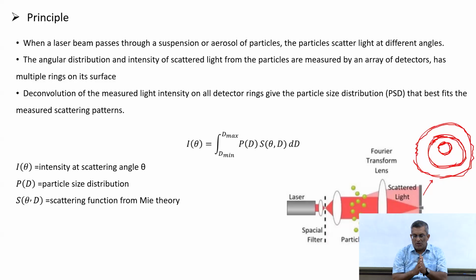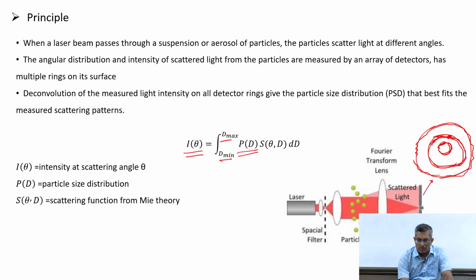Now the question is how do we get the particle size distribution? If you look at this equation, the intensity at any photodetector is an integrated intensity, integrated with respect to particle size from minimum to maximum particle size.